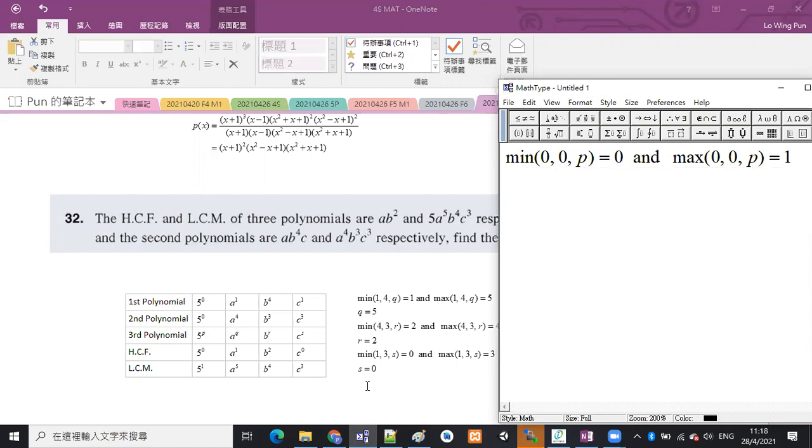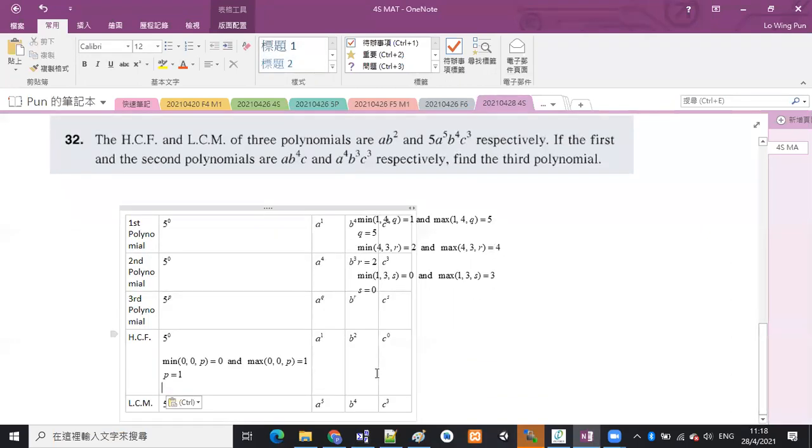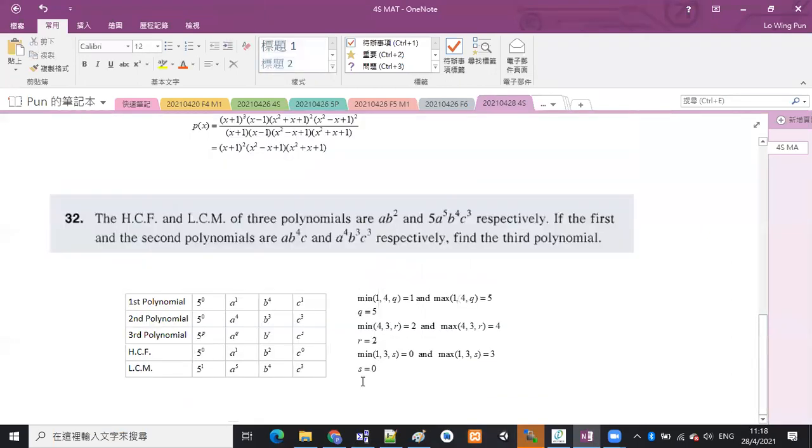So what should the value of p be? In order to satisfy these two requirements, the value of p must be equal to 1, in order to make the maximum equal to 1. There is only one option for p.